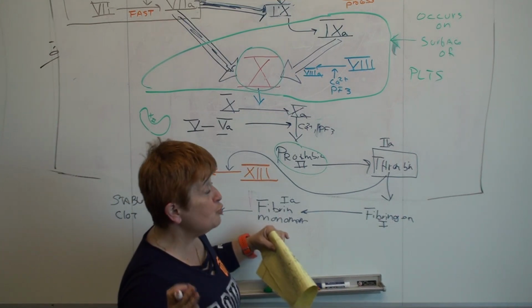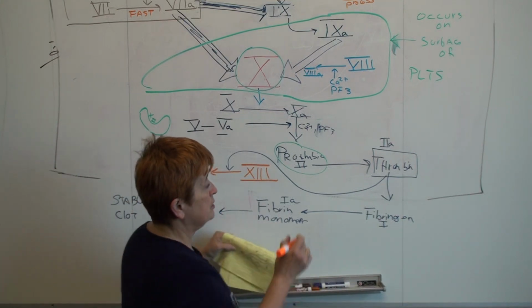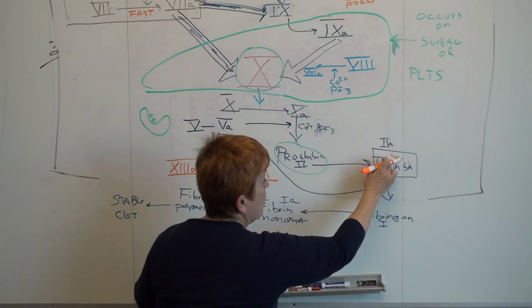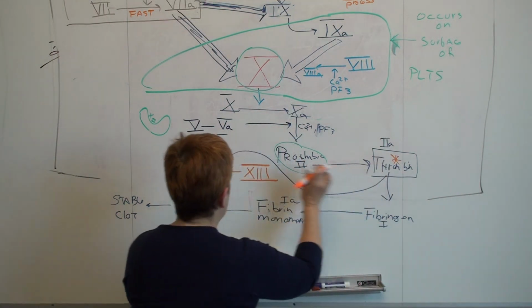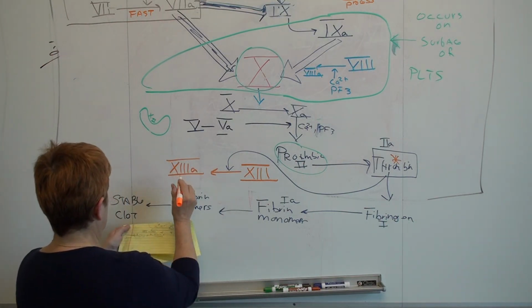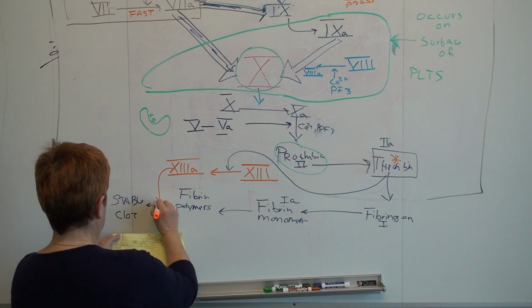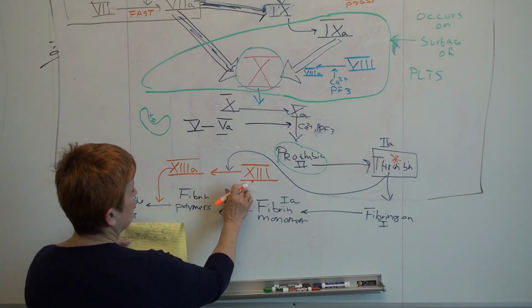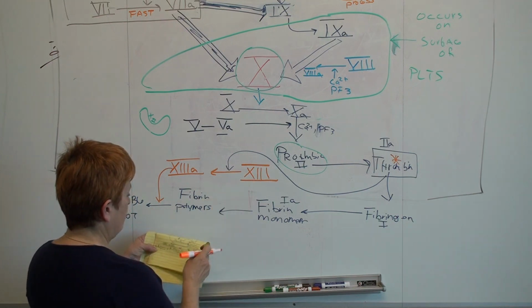Thrombin is really, really important. So you really have to remember about thrombin. Thrombin goes to fibrinogen. Thrombin helps 10. The 10A then goes to the polymers to make the stabilizing clot. And that's why factor 13 is called stabilizing factor.